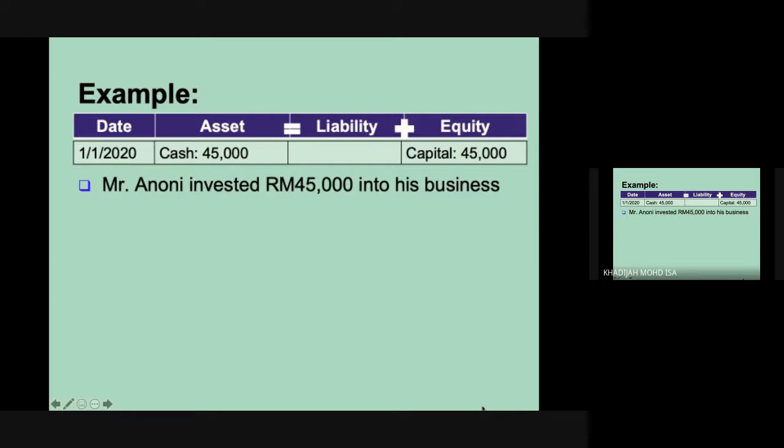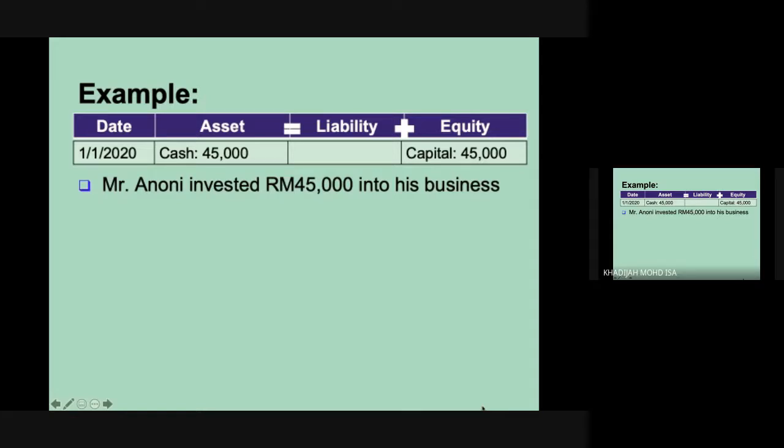Liability and equity we call the right side, asset is on the left side. So left and right must always be the same amount. Now on the asset side, we have 45,000. On the right side, you have a capital of 45,000. Liability is 0 now. So 45 equals 0 plus 45. Okay?